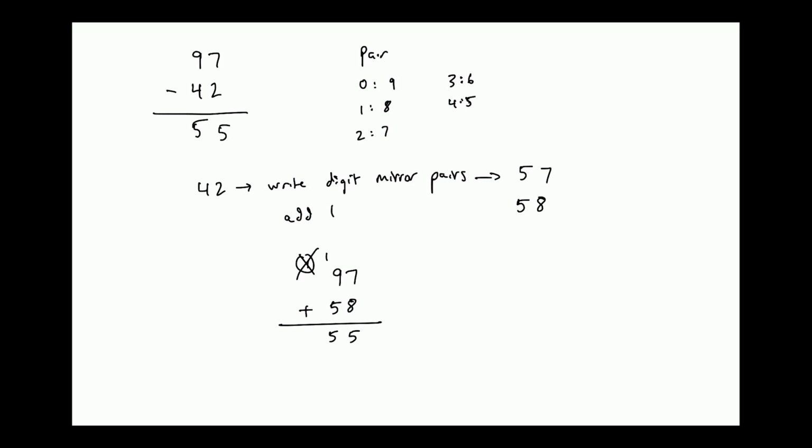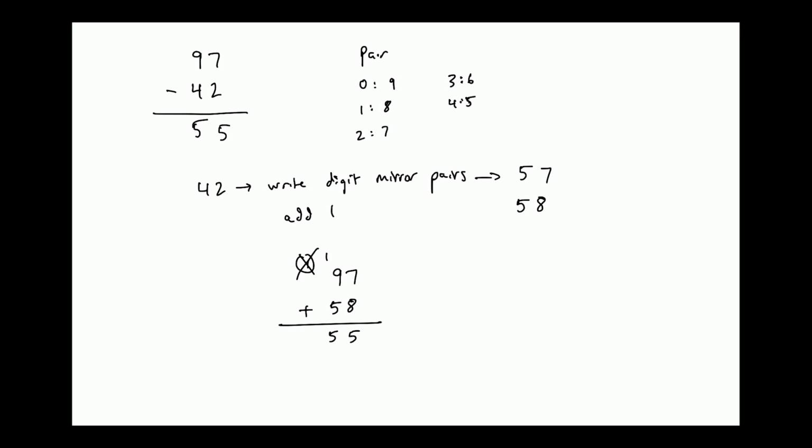So what I have done here is called computing the tens complement of a number. The number 58 is the tens complement of the number 42. It's the mirrored number plus 1, and the nines complement is what it's called before I added the 1.